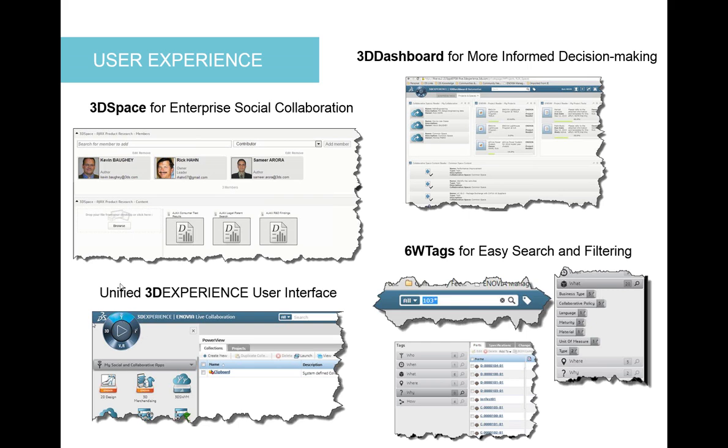So in the north, you will see the social and collaborative applications where ENOVIA apps are included, also SWYM. East, you will have information intelligence with Exalead and NetVibes, searching and dashboarding. South, you have virtual and real.